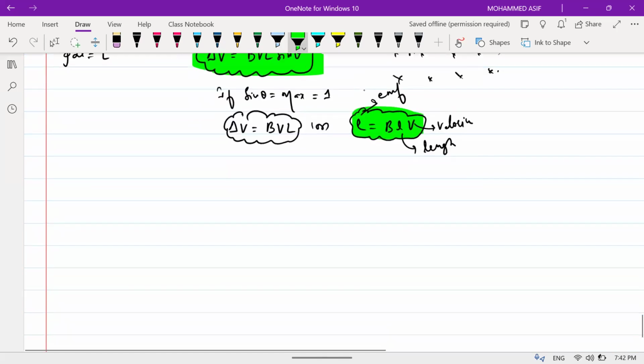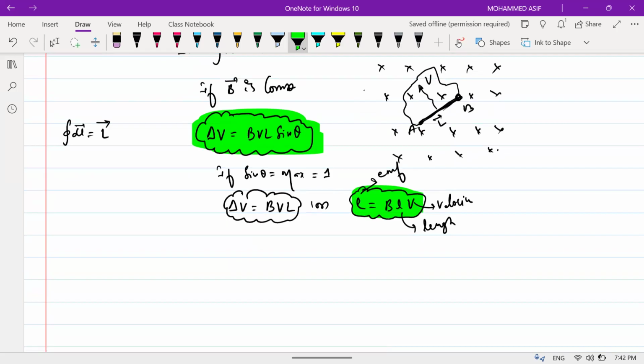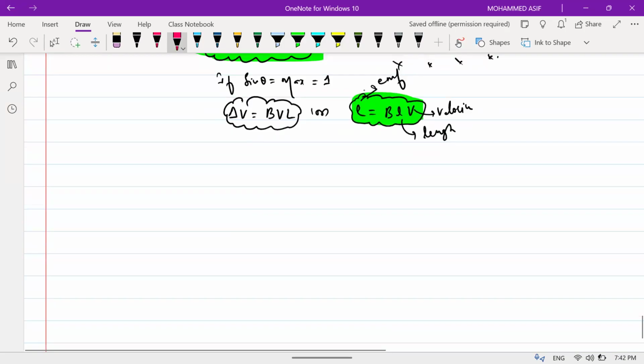Now tell me, of A and B, which will be the higher end and which will be the lower end. This is now very important. Try to learn it along with me. Everyone take your right hand direction of the current.